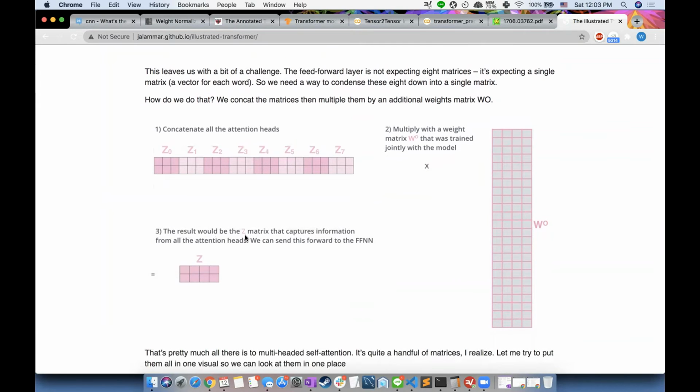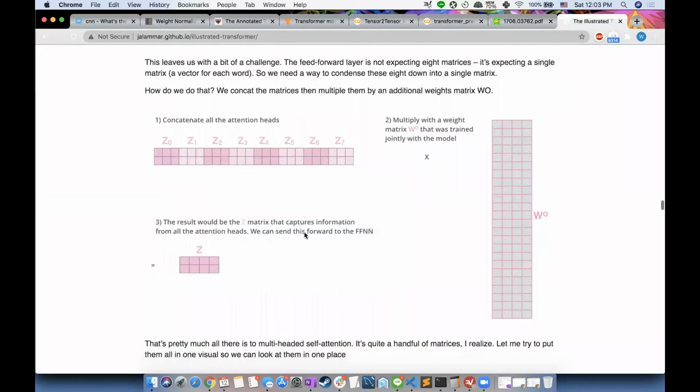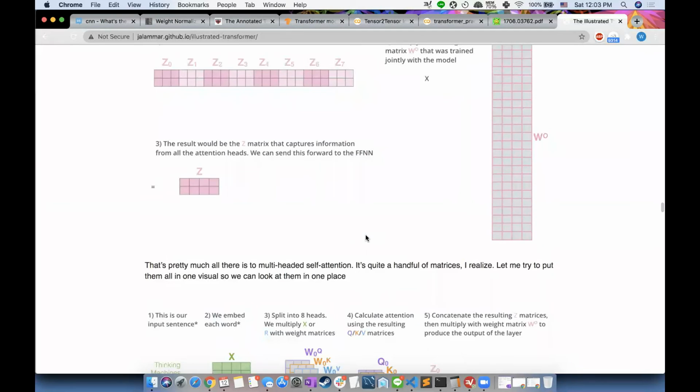The result is a matrix that we multiply with a weight matrix WO that was trained jointly with the model. The result will be a Z matrix that captures information from all the attention heads. We can send this forward to the FFNN, the feed-forward neural network. So that concludes the self-attention calculation in matrix format.